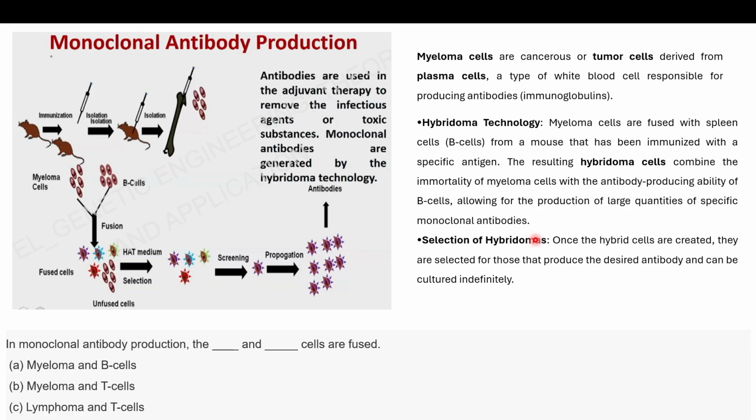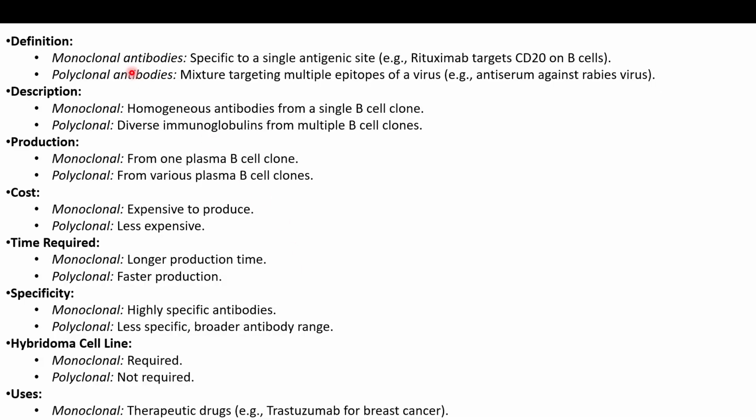And how do you select it? Once the hybrid cells are created, they are selected for those that produce the desired antibody and can be cultured indefinitely.